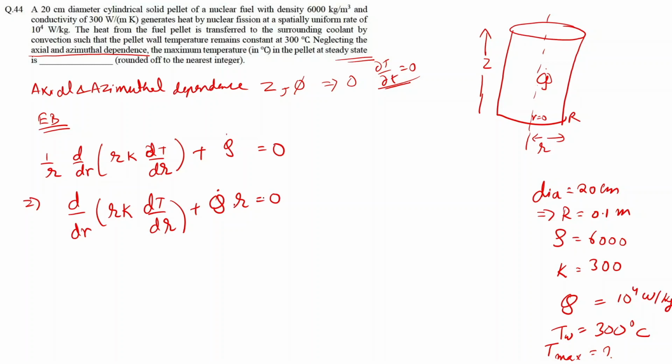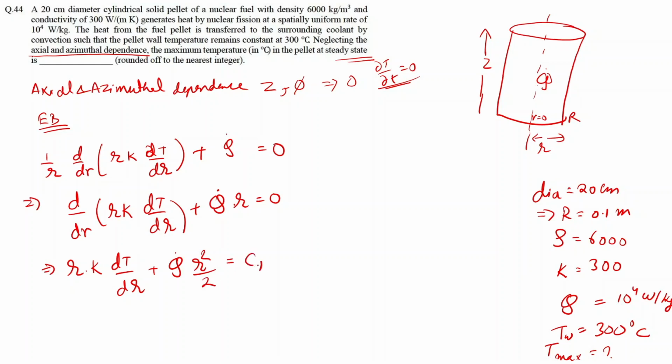Now we can integrate this equation with respect to r once, and it will give us r k dT by dr plus Q dot, which is constant, and the integration of r will be r square by 2. This will be equal to C1.